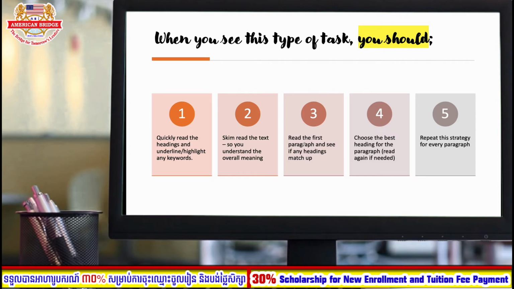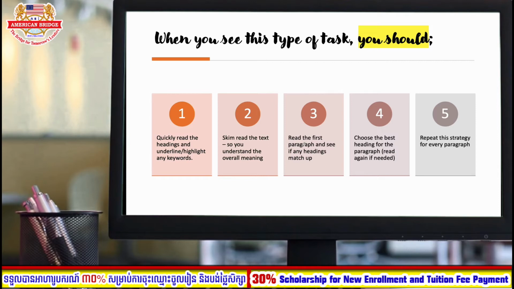In case you read the first sentence and you cannot find the heading that matches the paragraph, try to read the last sentence in that paragraph, because the last sentence is the concluding sentence.